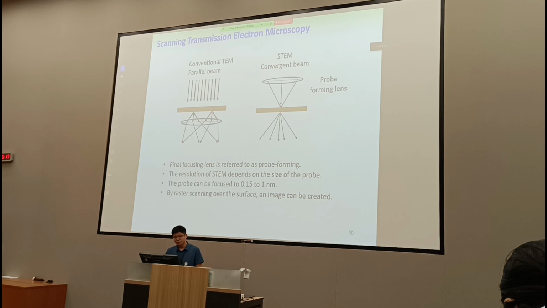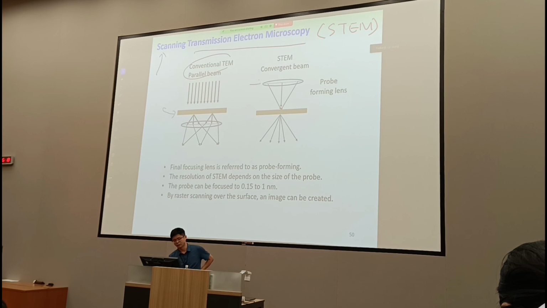And scanning transmission electron microscopy, you see that this is another, more advanced mode of the TEM. You add scanning, that becomes STEM. What's the difference? In a conventional TEM, you have a parallel electron beam.